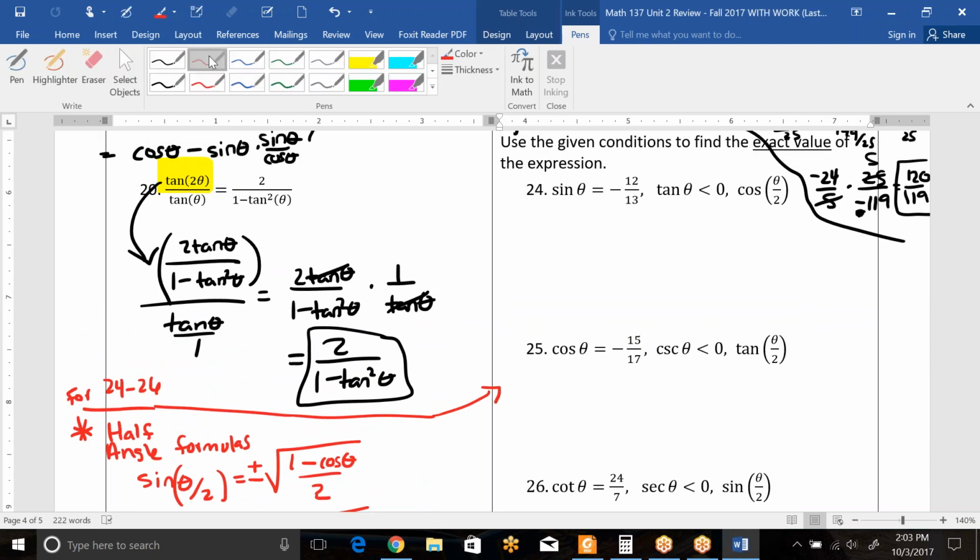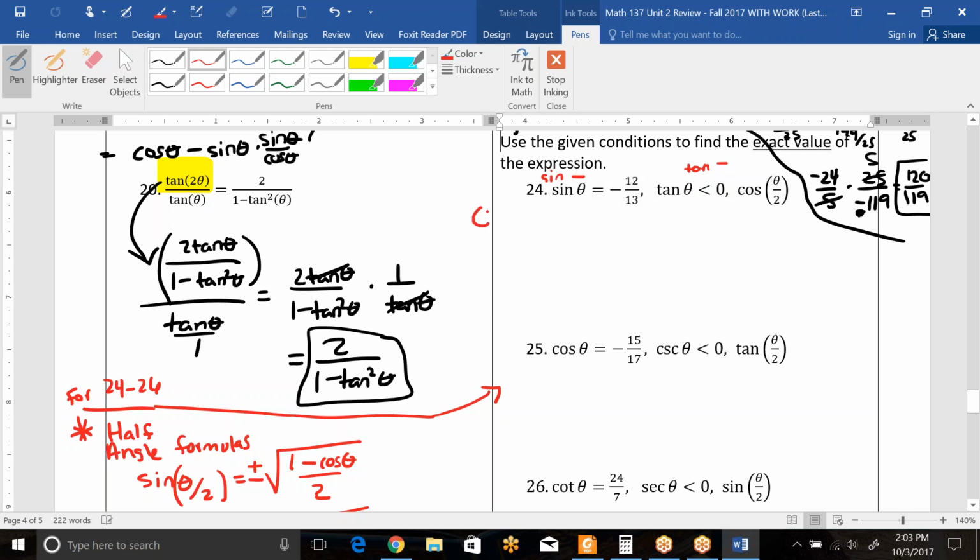This tells us that sine of the original theta is negative 12 over 13, and tangent of theta is negative because it's less than 0. So tan is negative, and sine is negative as well.